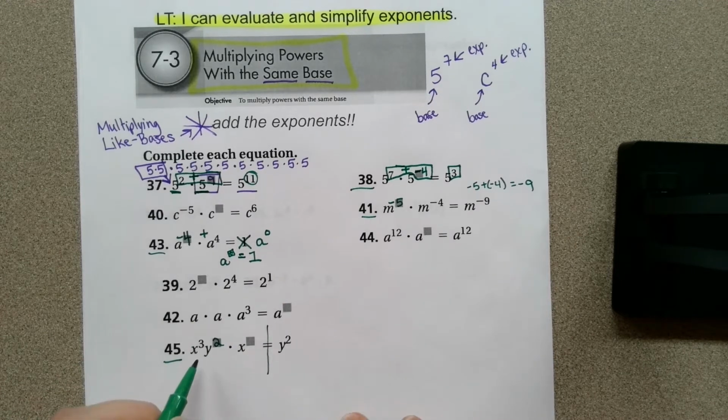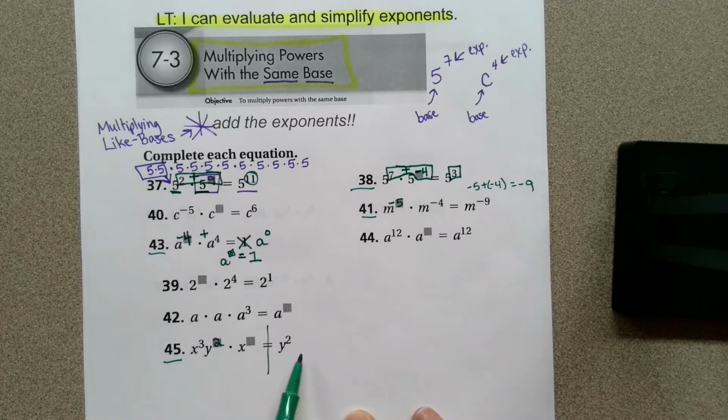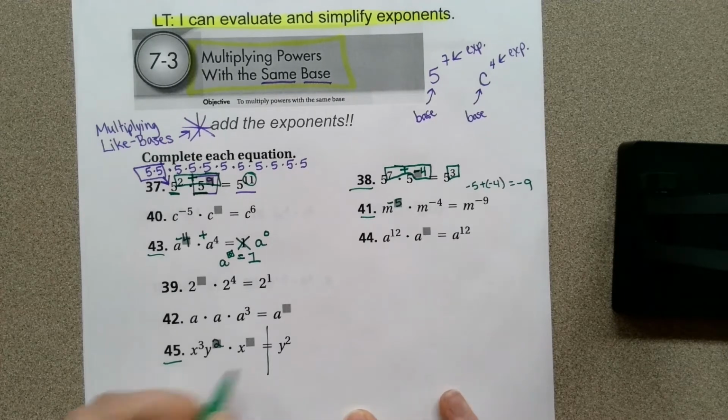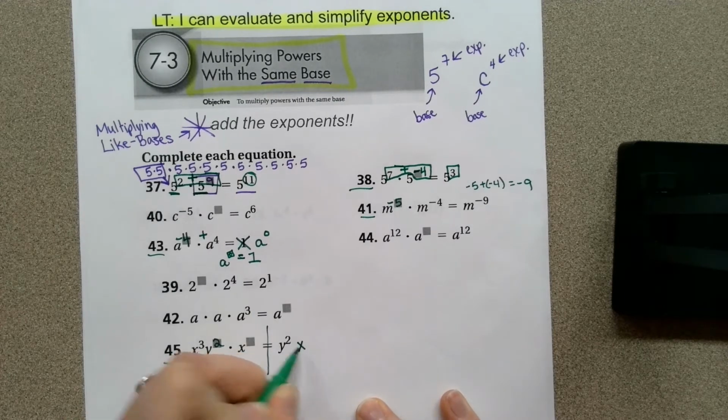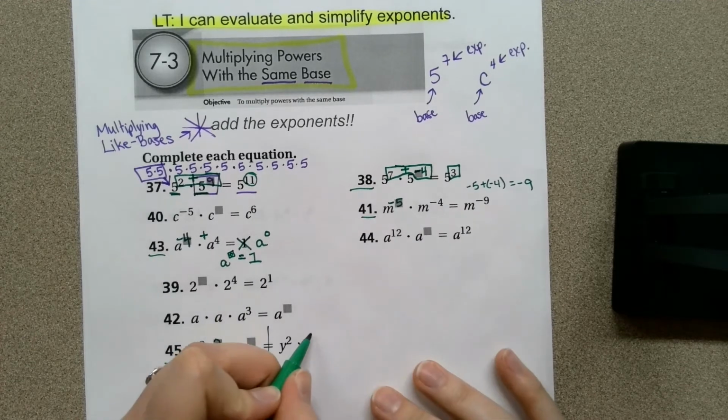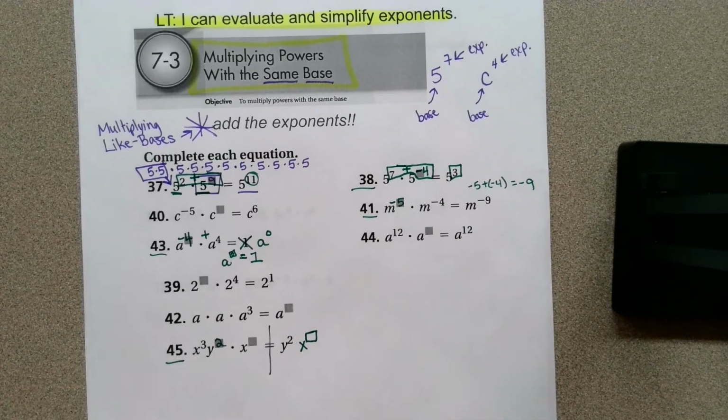You'll also see that the x variables are on the left side, but they don't show up on the right side. So we have to figure out what exponent would make that x disappear so we don't have to write it. We have to figure out which one would go there as well.